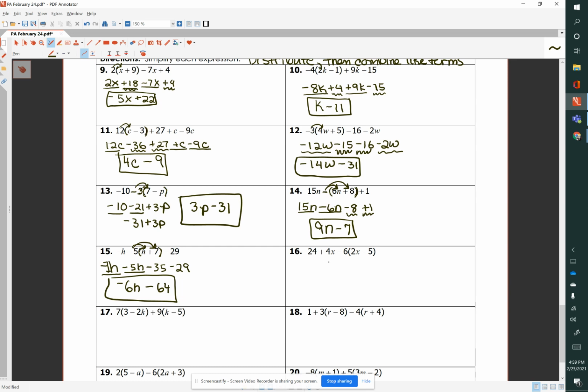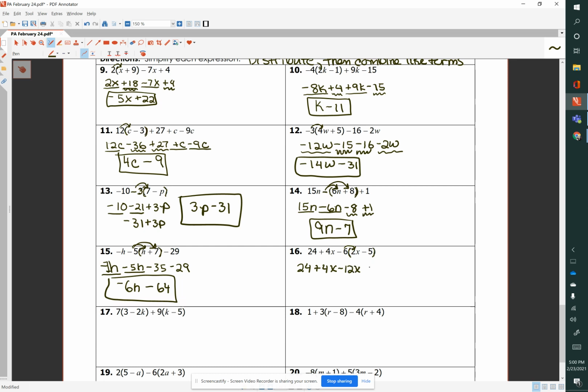And now number 16: 24 plus 4x minus 6 times the quantity 2x minus 5. Let's start writing down the beginning part. We have 24 plus 4x. And then we have negative 6 times 2x, which would be negative 12x.